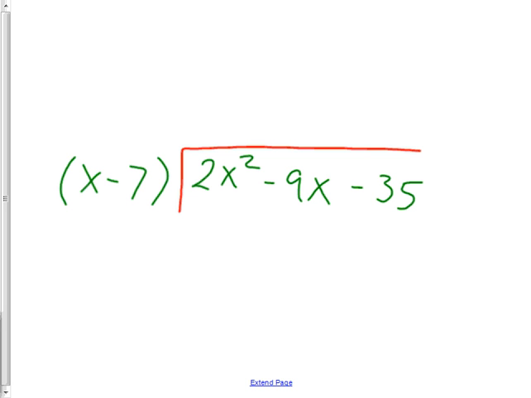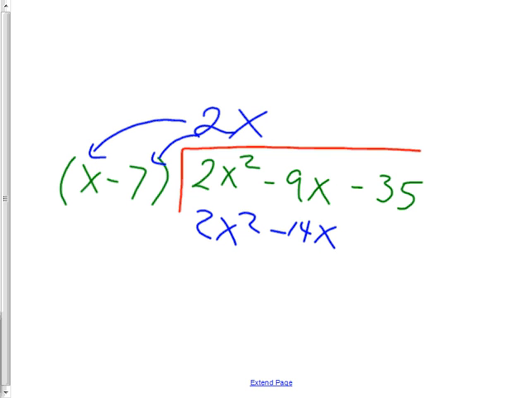Okay. How do I start? Just get me started. So you first multiply it by 2x. 2x. Excellent. Now multiply that out for me. And it's 2x squared minus 4x. Next step in the front row.